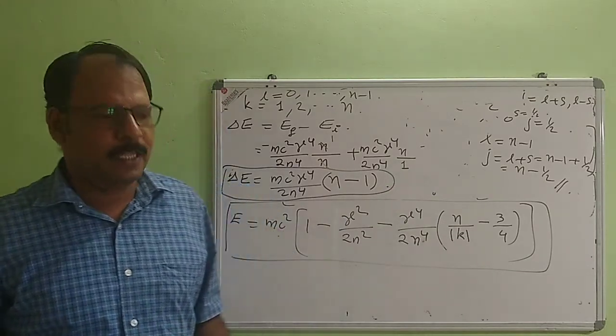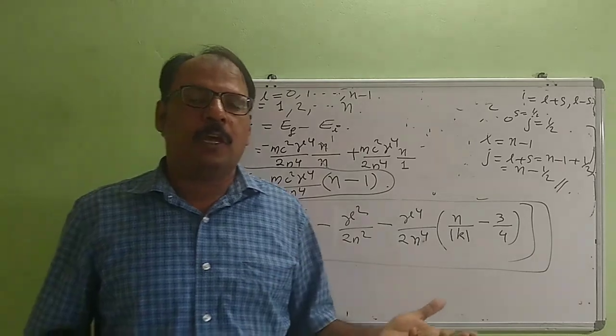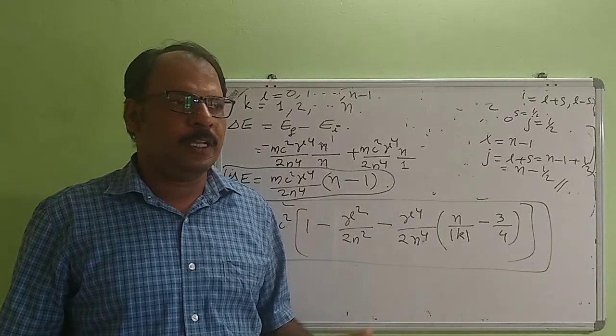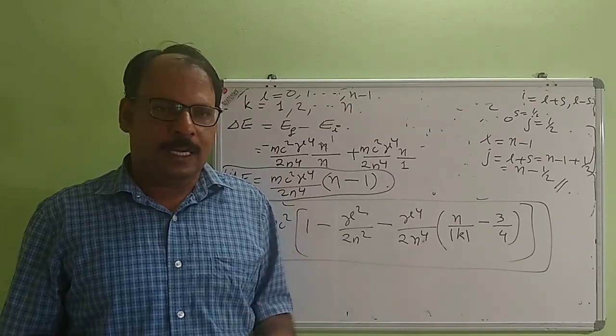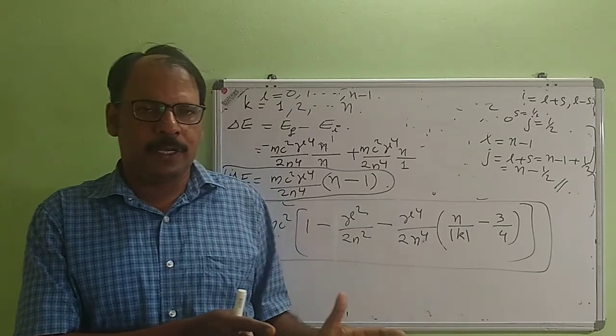So in the Dirac theory, we have obtained the spin angular momentum as an automatic consequence of the Dirac wave equation. Then we obtained the spin orbit interaction energy, which we also got from the Dirac Hamiltonian.